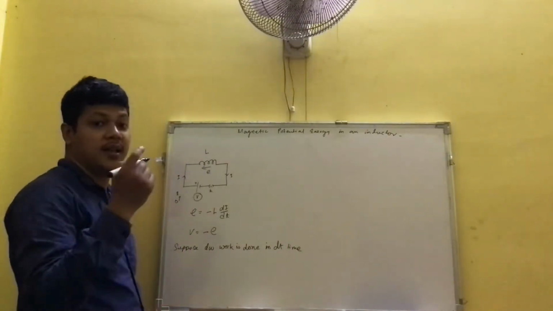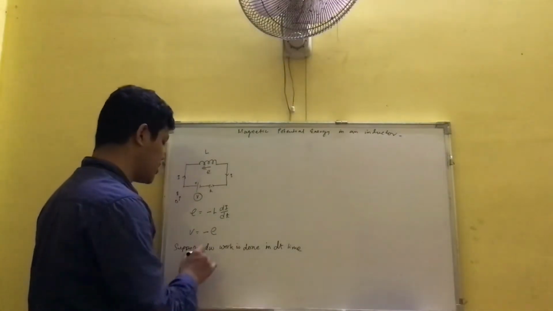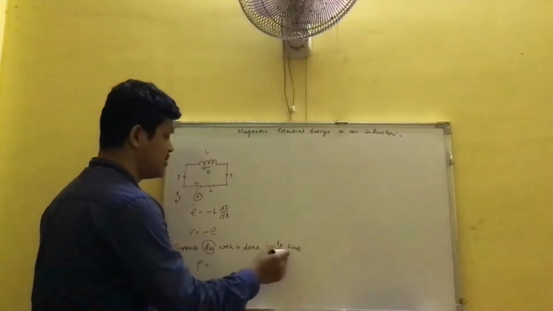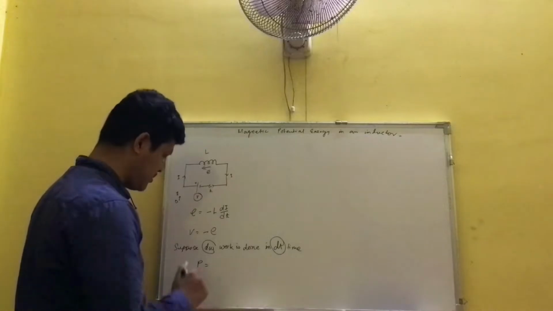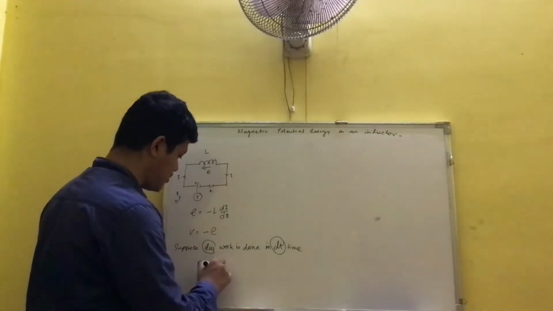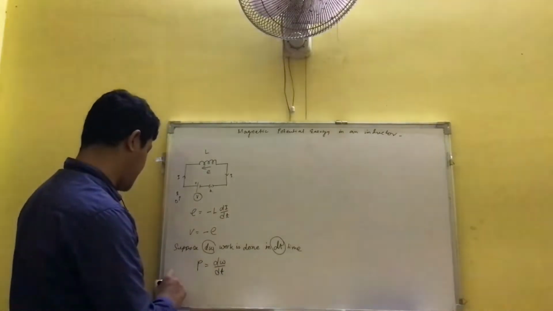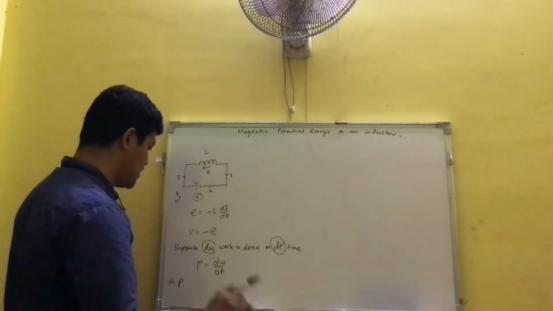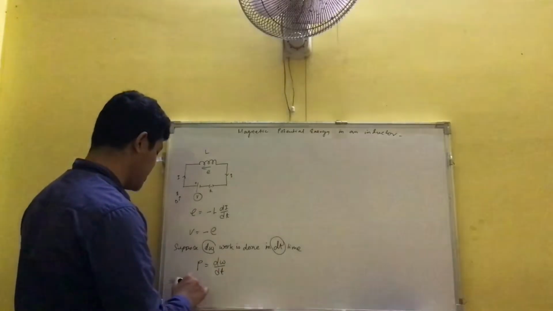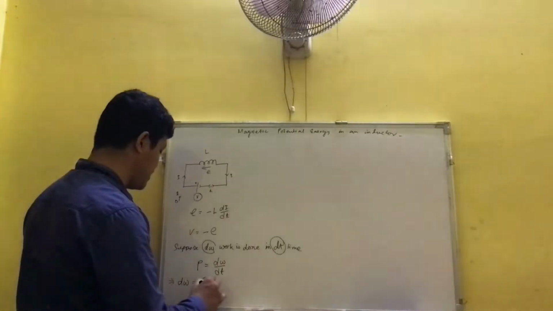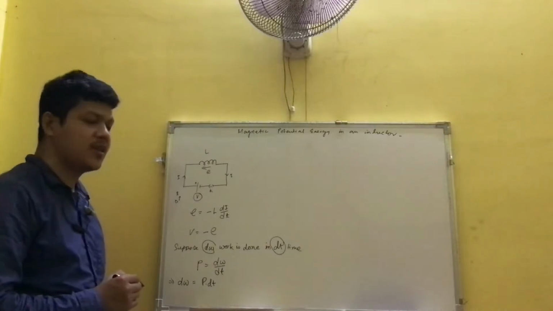Then we know power P is equal to the rate of doing work. dW work is done in time dt, so power is work done divided by time. This implies dW is equal to P into dt.